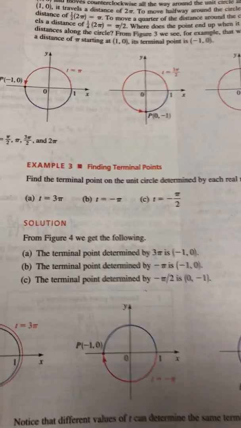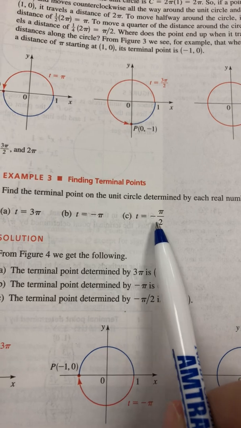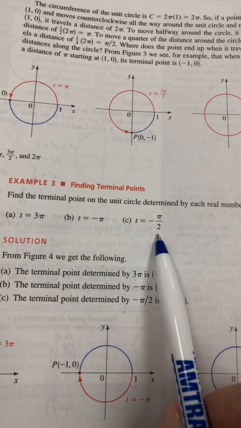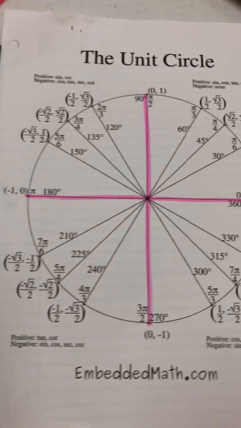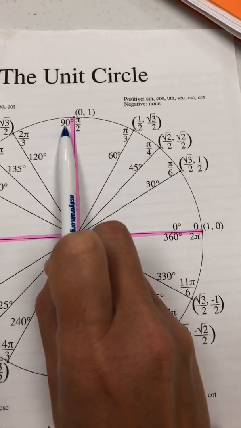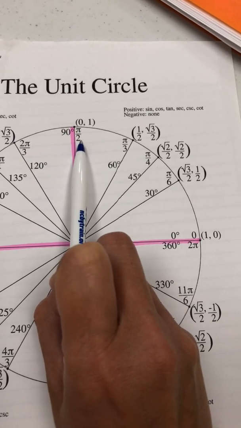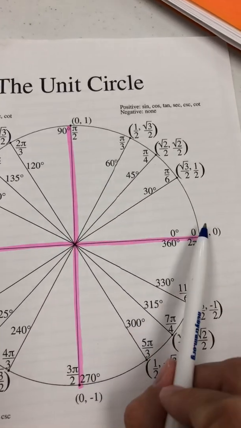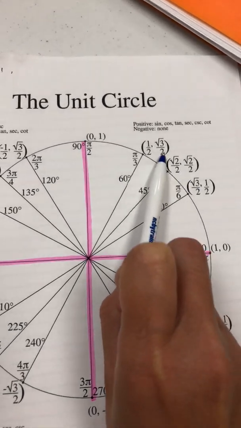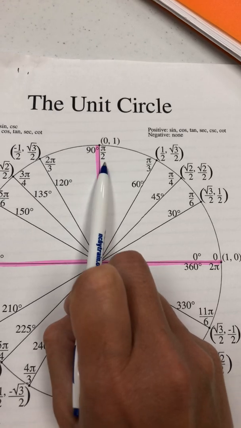The last example that I want to show you is where your terminal point is going to fall at -pi/2. Now, if you look at this unit circle, pi/2 is the same thing as a 90-degree rotation. If it's in degrees, it's 90. If it's in radians, it's pi/2. If I were just going to rotate 90 degrees up, this would be the location at a positive pi/2.